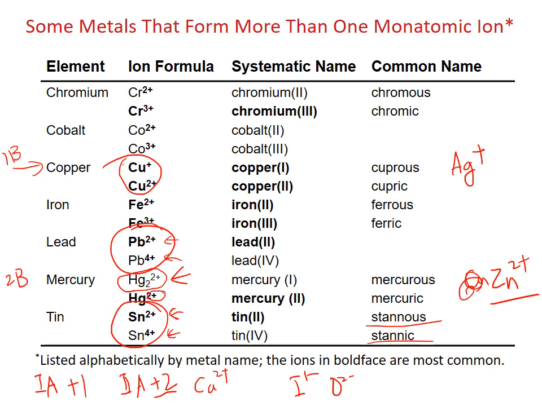Others, group 6 through group 8, chromium, cobalt, iron, and many others, have variable charge, usually 2 plus, 3 plus. Please spend some time to memorize these variable charges.